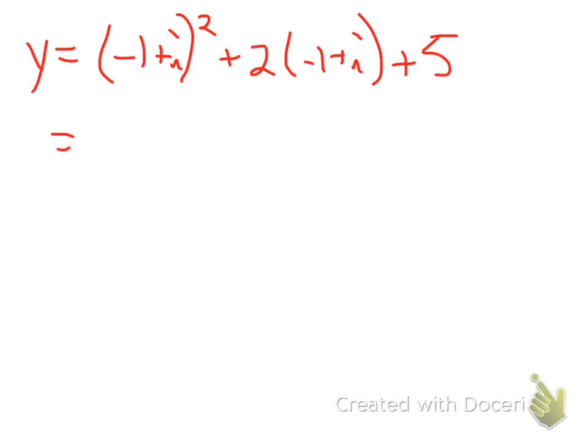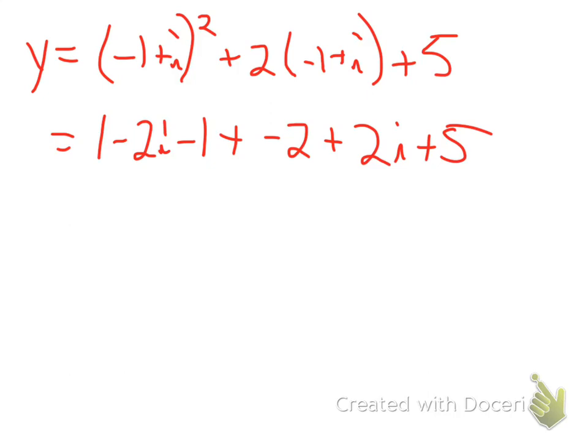And when I do multiply it out, I end up getting 1, positive 1, minus 2i minus 1. Because the box in my generic rectangle will be i squared, which is negative 1. Distributing the 2, I will get negative 2 plus 2i, and then I have plus 5.